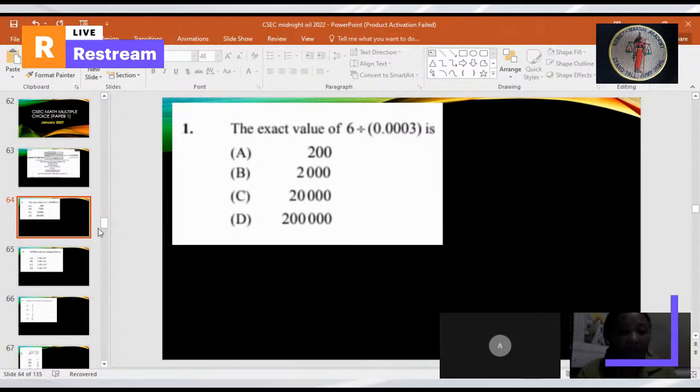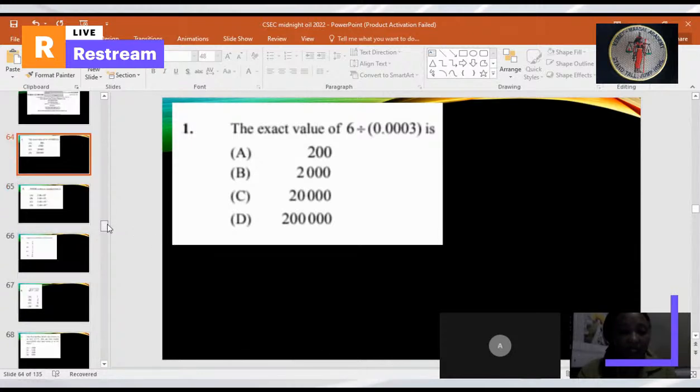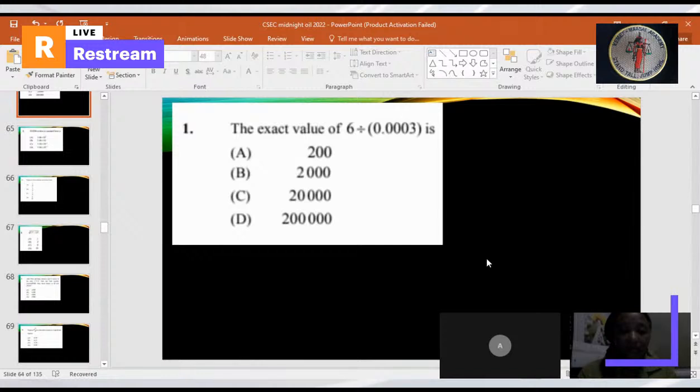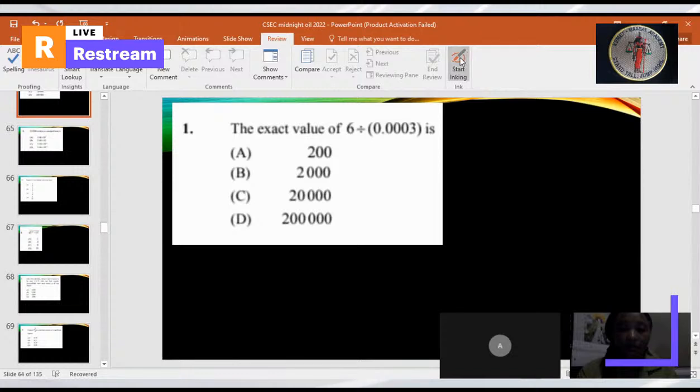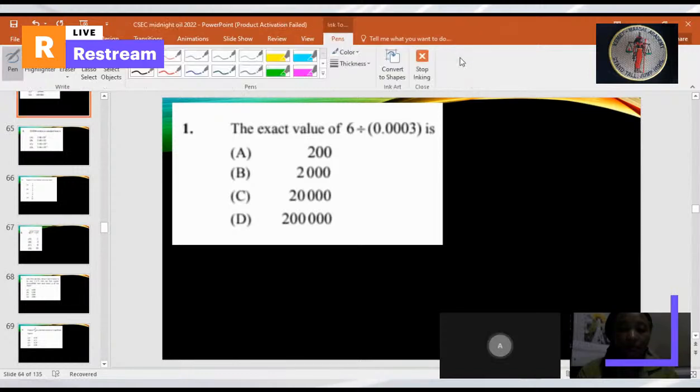All right, Asar, can you read question one for me, please? The exact value of 6 divided by 0.0003. All right, how would you approach this question? 6 divided by 3 is 2.